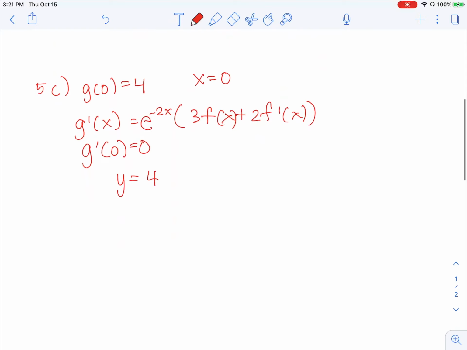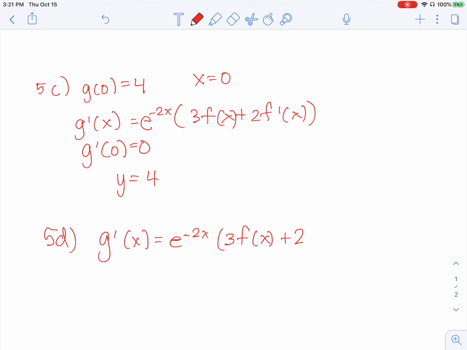Okay, now for part D, I was really picky. For part D, they say show that g double prime is equal to this. So you have to start with g prime of x is equal to e to the -2x times 3f of x plus 2 times f prime of x. Okay, and you have to show.